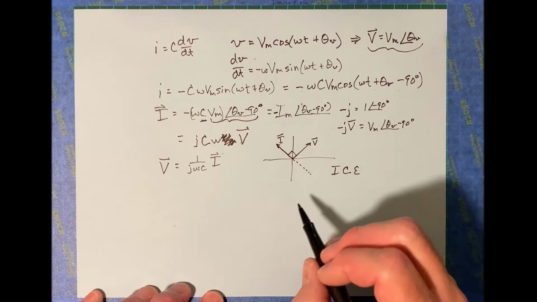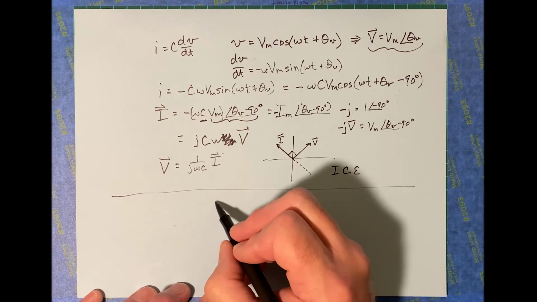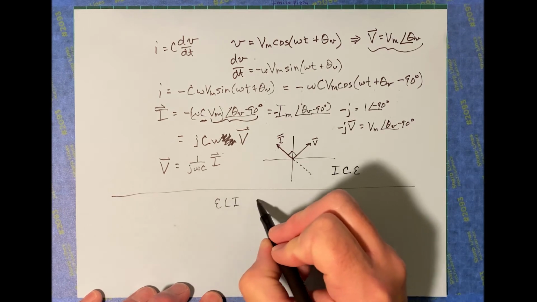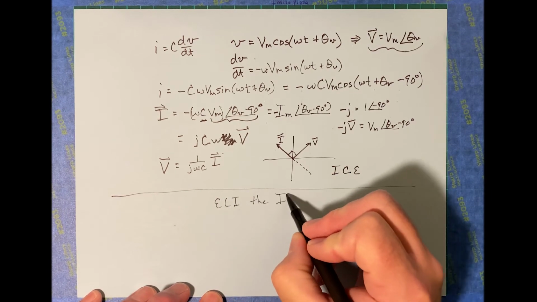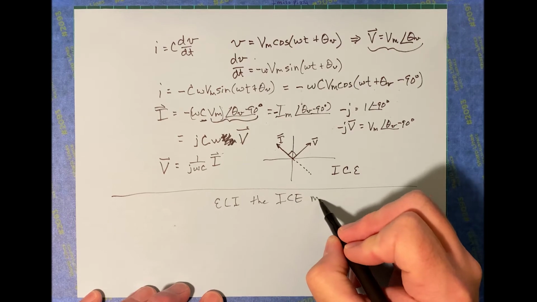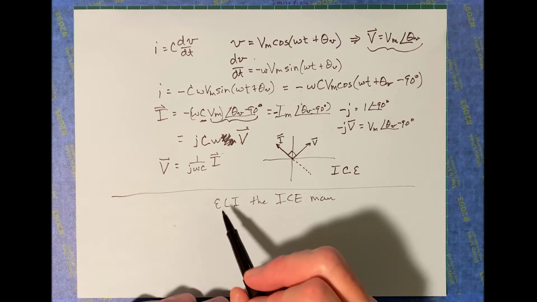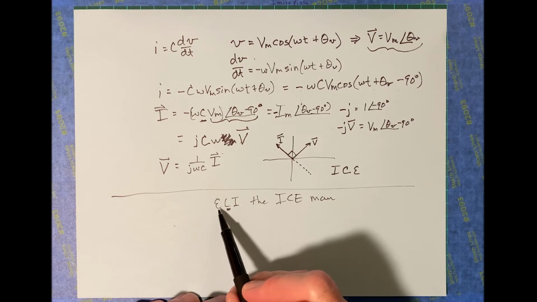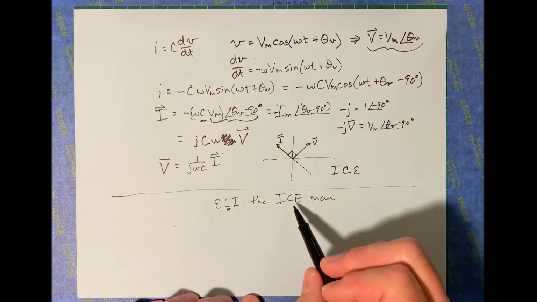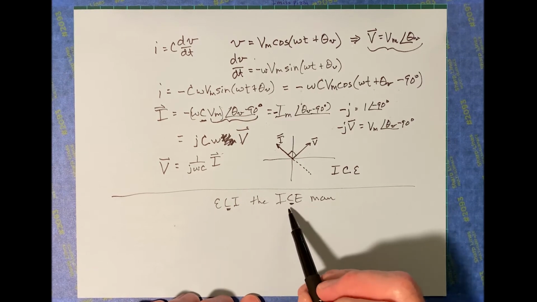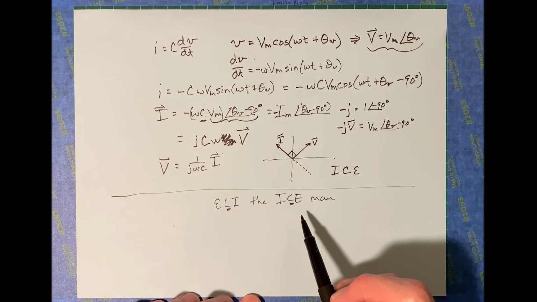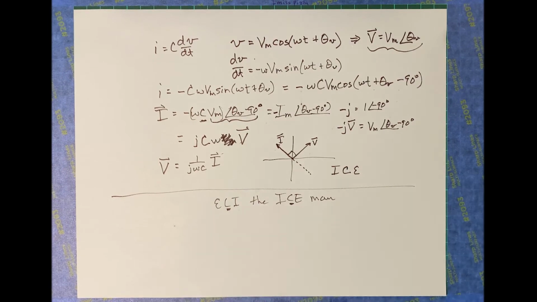Now, put those two thoughts together as ELI the ICE man, just a little phrase. If you can remember that, and you can remember this corresponds to an inductive circuit, the voltage leads the current. For a capacitive circuit, the current leads the voltage, like that. May be useful to you a little later on.